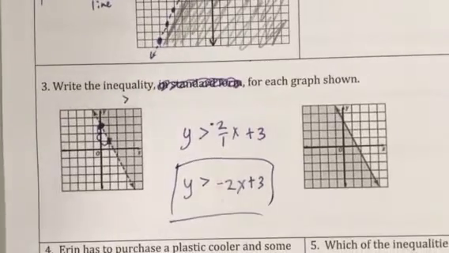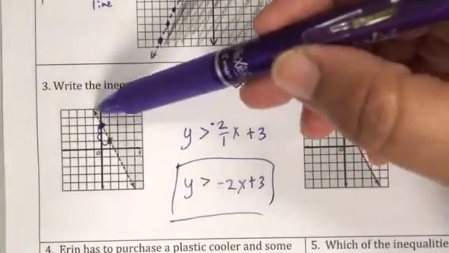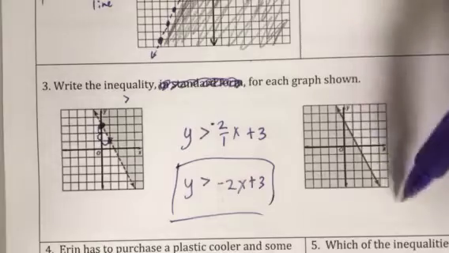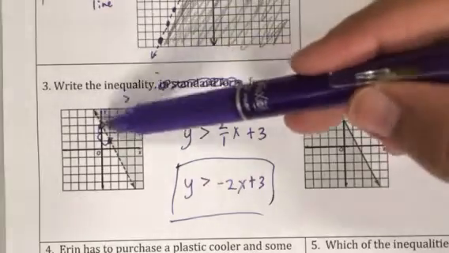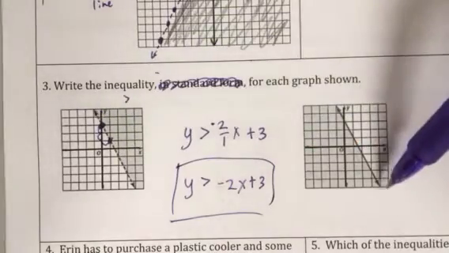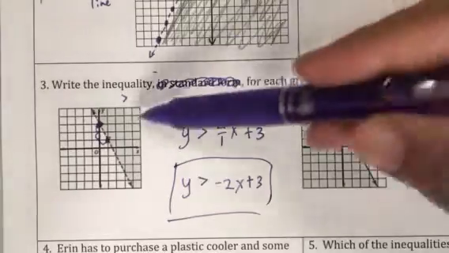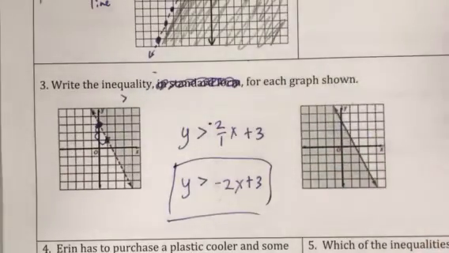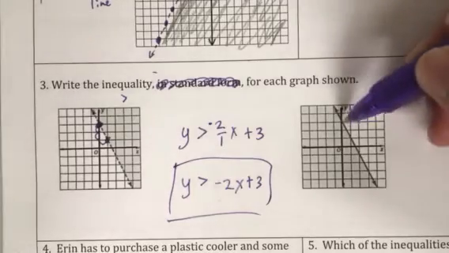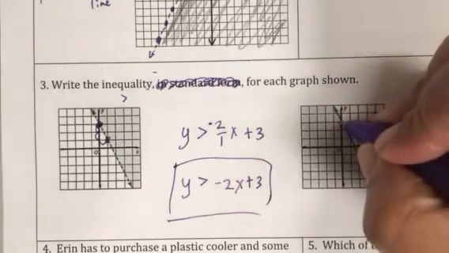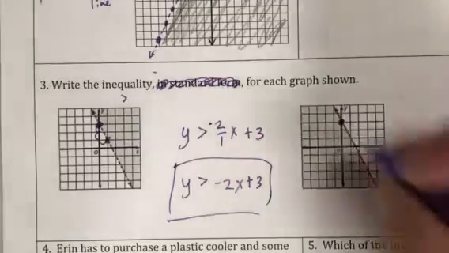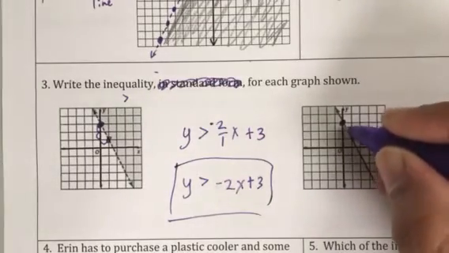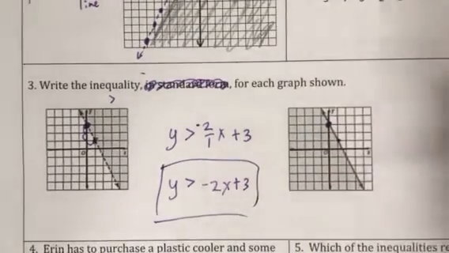If you look at these two lines, the difference between them should be first that one is dotted and the other solid. Now look at the shading. Do you see how the shading's on top and this is on the bottom? The line itself is actually the same exact line. This is a positive 3. The slope is down 2 over 1.